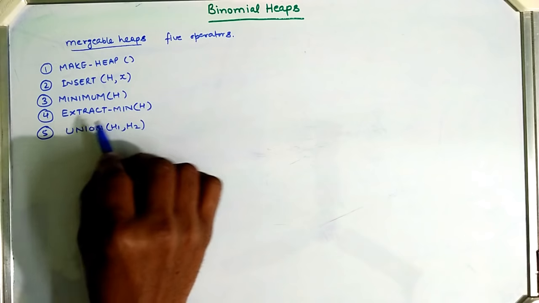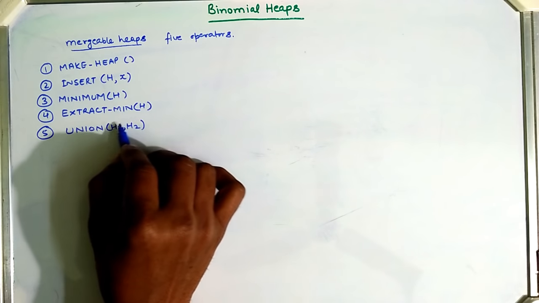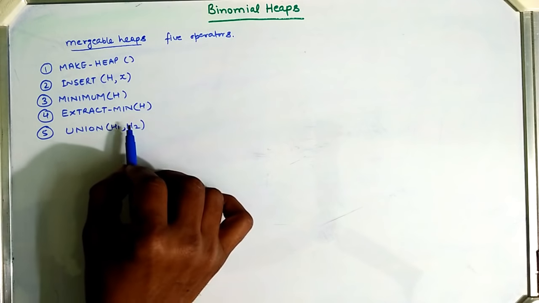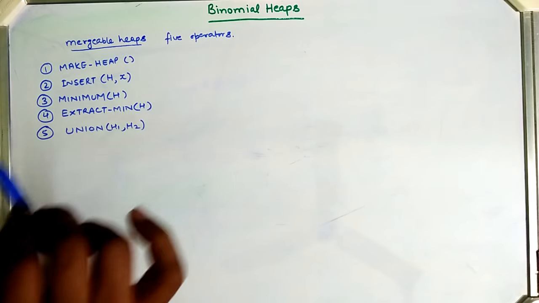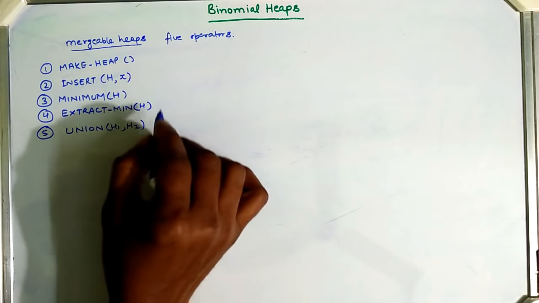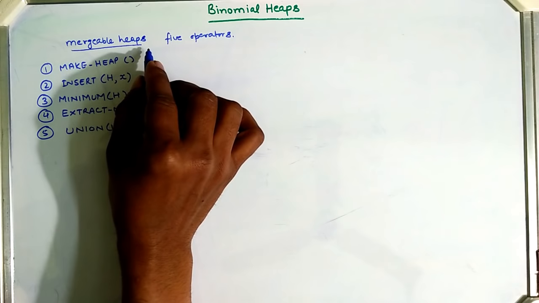So these are the main 5 operations performed by the mergeable heap data structure.